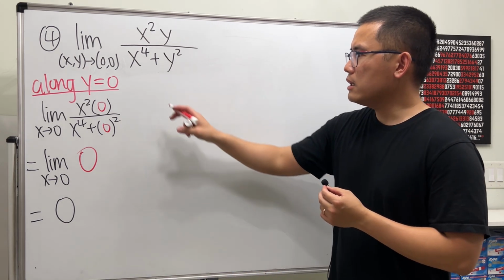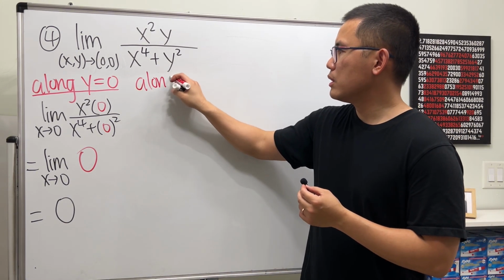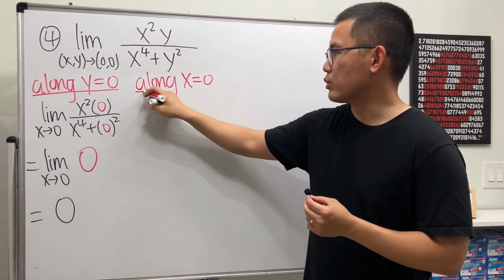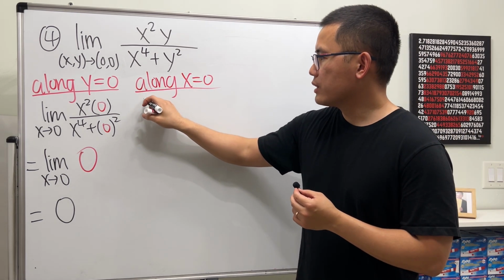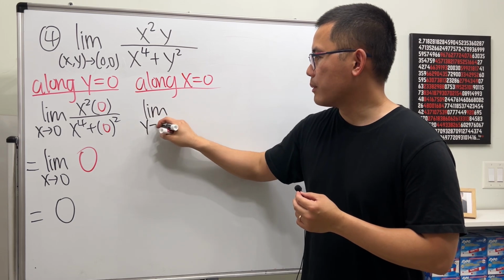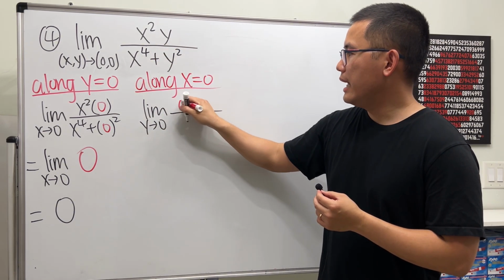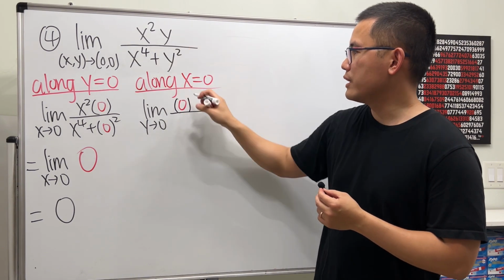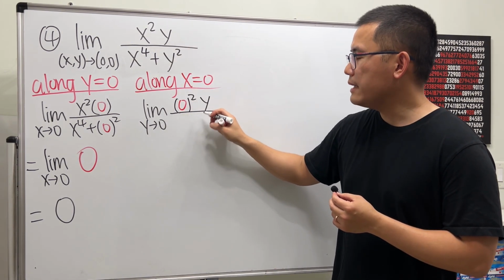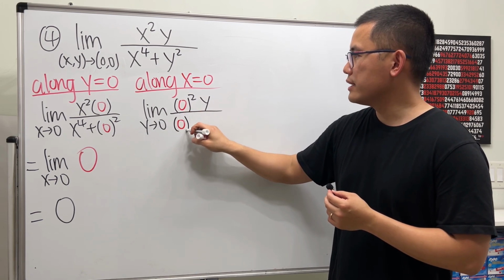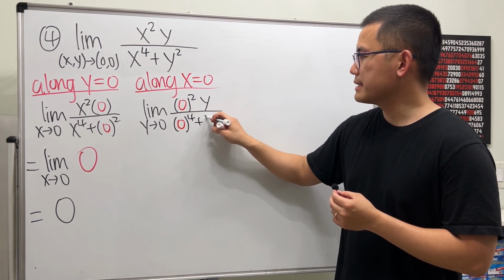And let's try to go along with the other path that we like, right? x is equal to 0. In this case, we are looking at the limit as y approaching 0 of, here we have x is now 0, so we square that, and then we have the y over x is 0, and then raise that to the 4th power plus y.